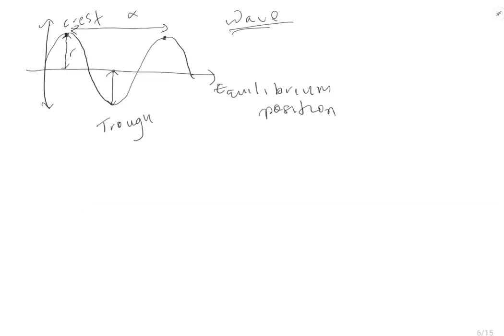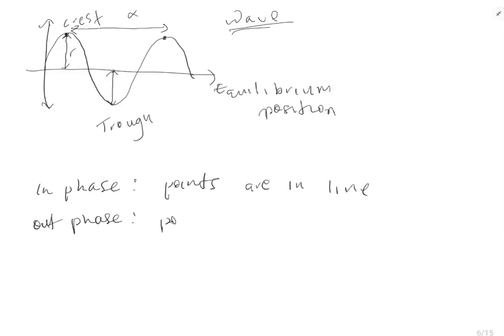In this case we identified two crests, and what in phase means is that these points are in the same line, or they're aligned. In phase, points are in line, and out of phase is the opposite: points are not in line.